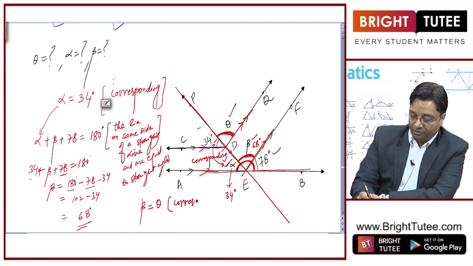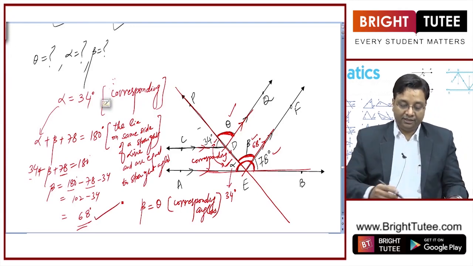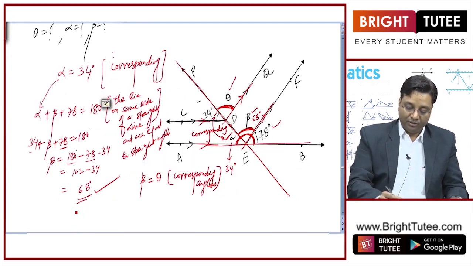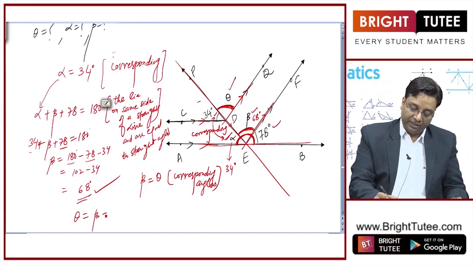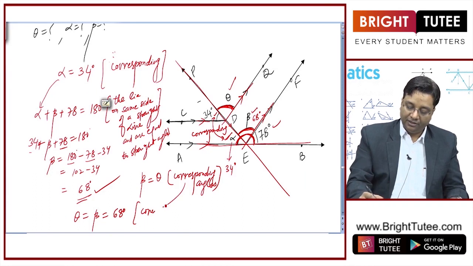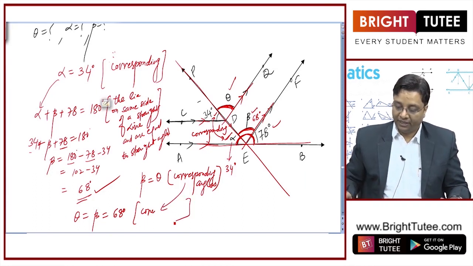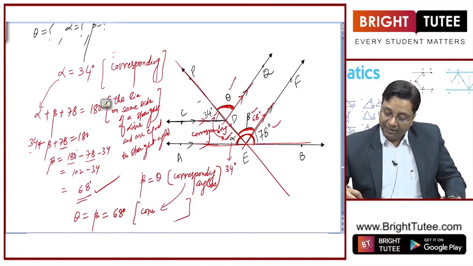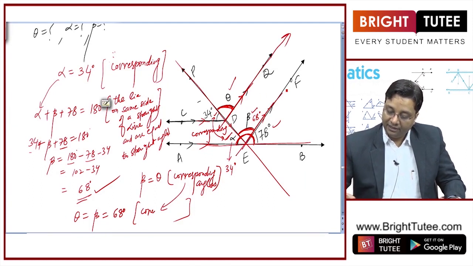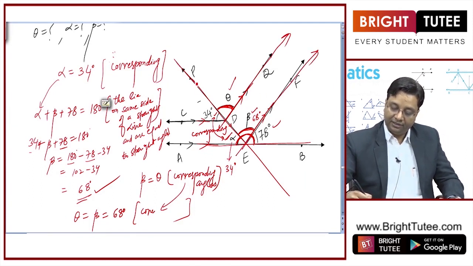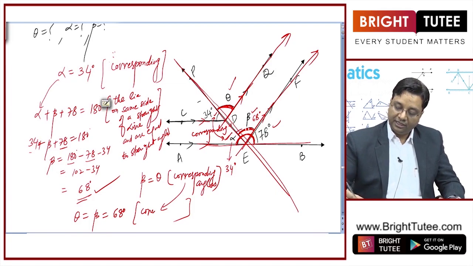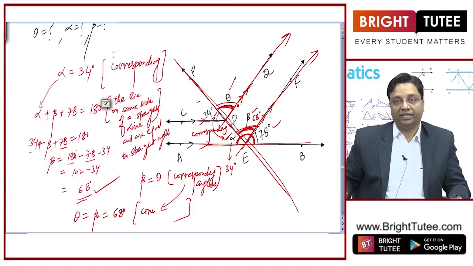Because these are corresponding angles, right? And beta we have already obtained as 68 degrees. So theta is also equal to beta equal to 68 degrees, because these are corresponding. Okay, you write this reason here. Because this line and this line are parallel and this is transversal, this angle and this angle are corresponding angles.